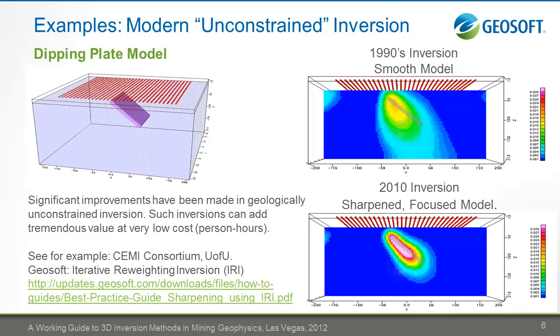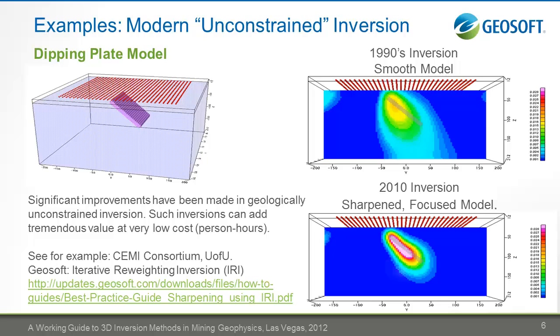A geophysical survey is conducted over the top of this dipping plate, and from that dipping plate a geophysical response will be observed. Now, back in the 1990s, when we had the first introduction of smooth inversion, doing an inversion on this type of data was extremely tedious, time-consuming and often fraught with failure. Inversions at that time often crashed, didn't converge, and produced odd and unusual, uninterpretable results.